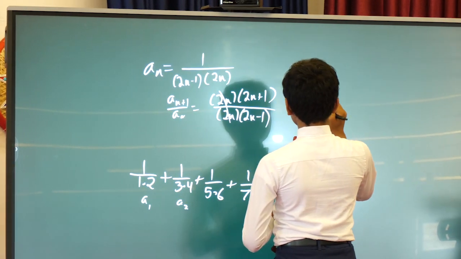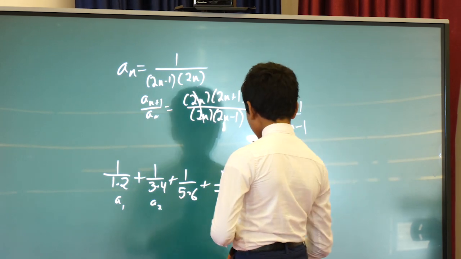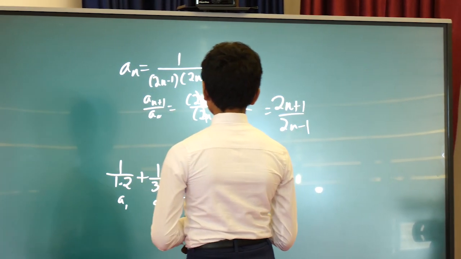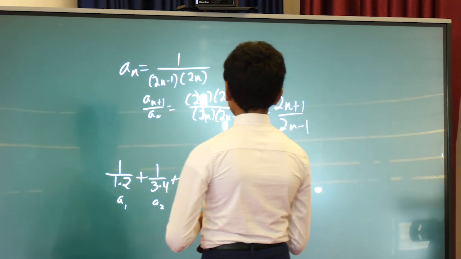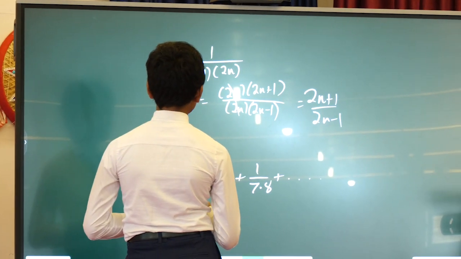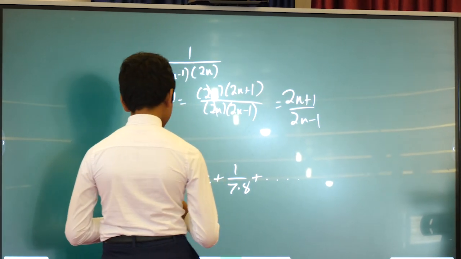This is going to be 2n plus 1 over 2n. No way this diverges. Oh, I think I did this the wrong way. Wait. If a_(n+1) divided by a_n is greater than 1, that implies that a_(n+1) is greater than... No, that's wrong. That's definitely wrong.